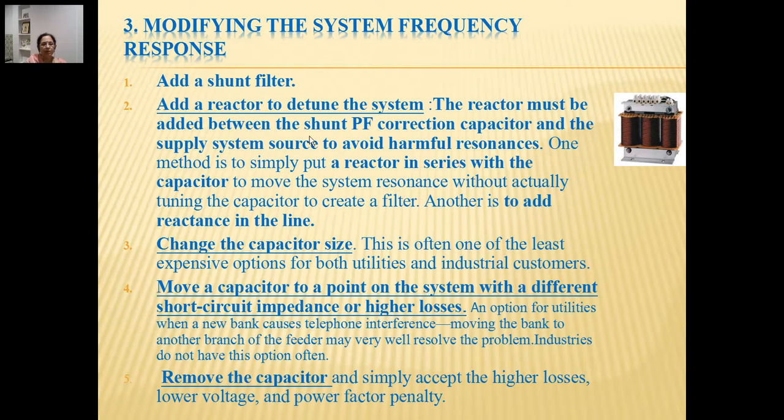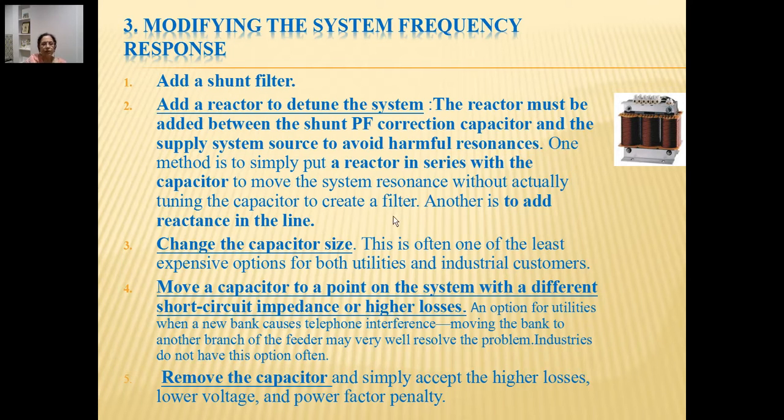Second, we can add a reactor to detune the system. The reactor must be added between the shunt power factor correction capacitor and the supply system source to avoid harmful resonances. Now we are aware that whenever we have L and C components connected at particular varying frequencies, they can form resonances. And so to avoid this, we must have appropriate values of L and C components selected to avoid these harmful resonances.